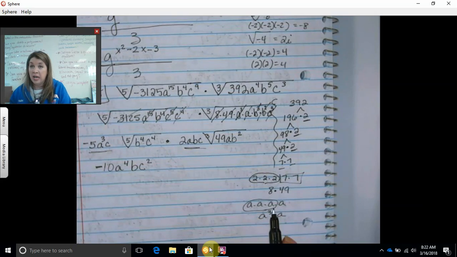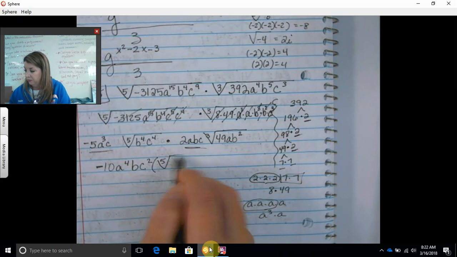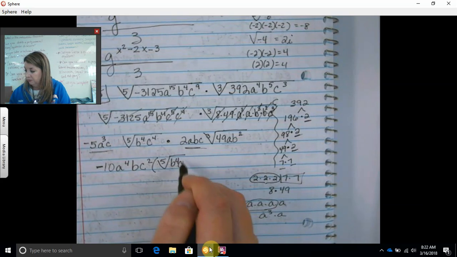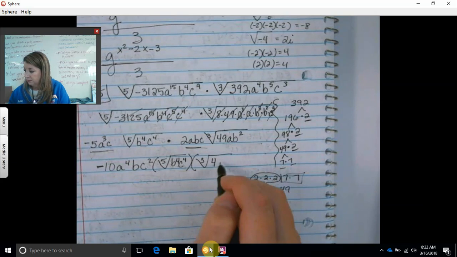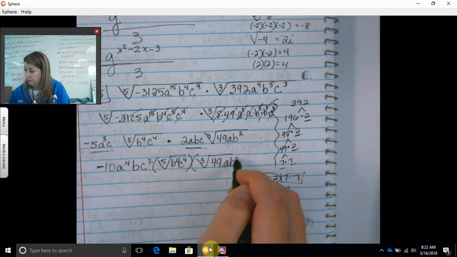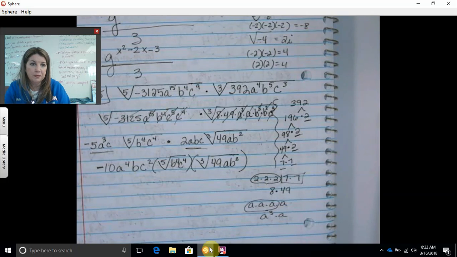And my radicals, I'll just write separately because I cannot multiply those together. And that's all we can do.